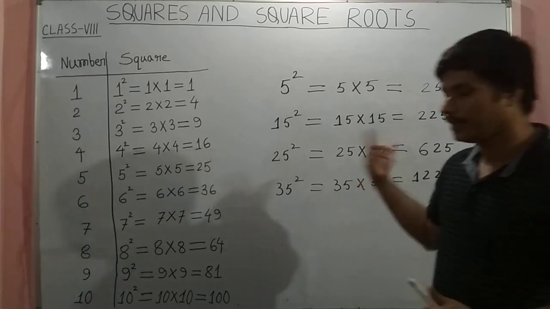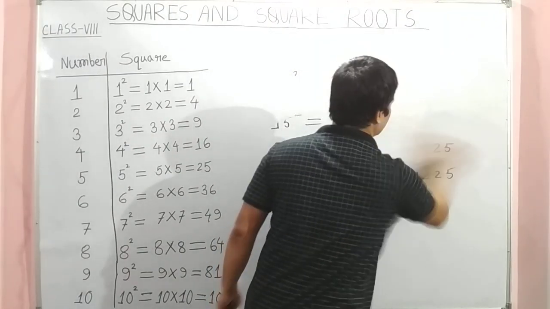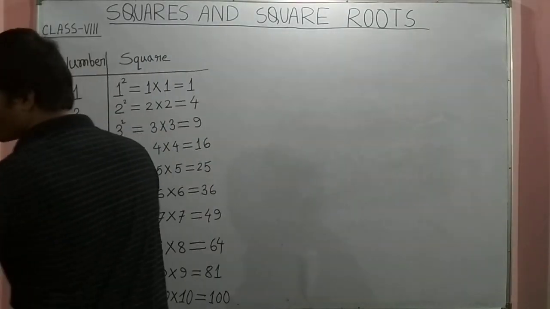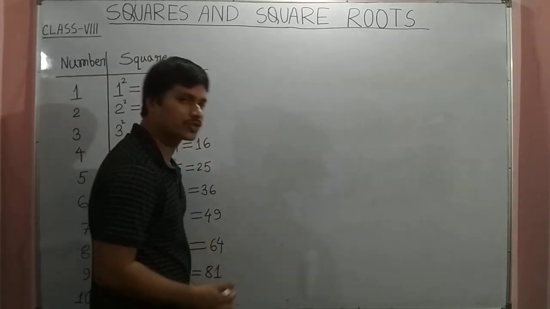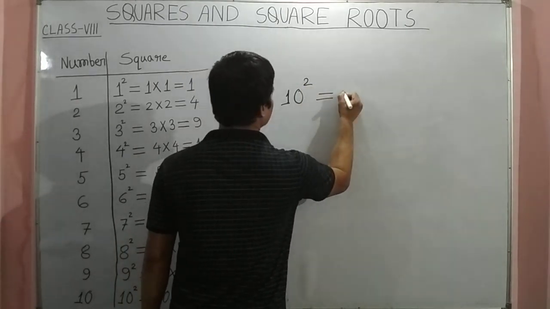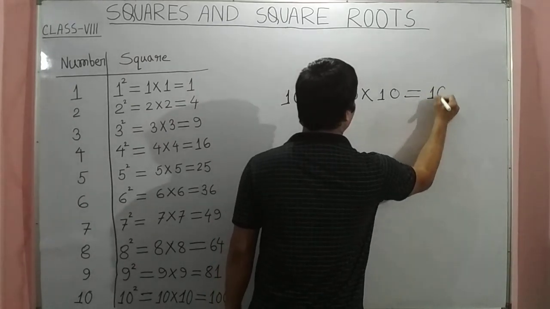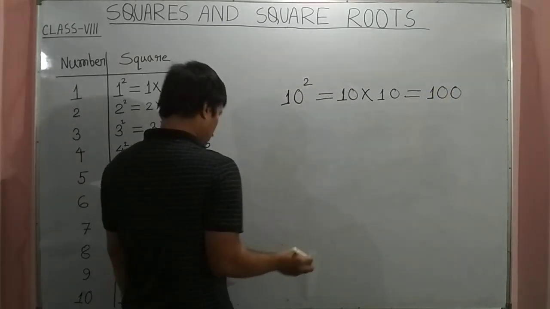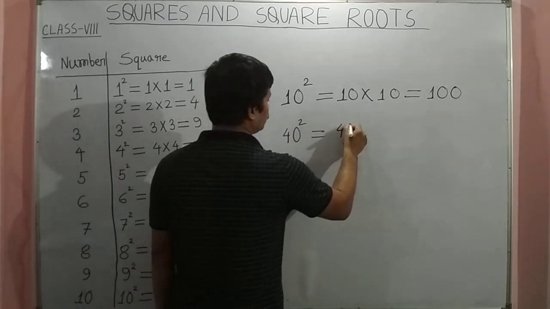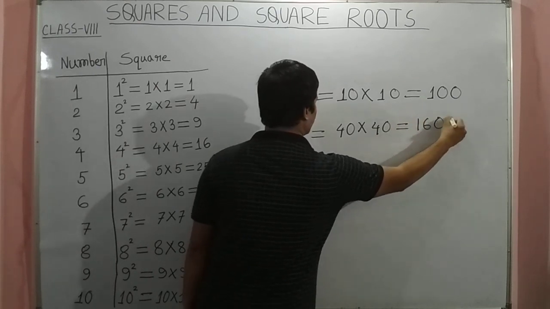Okay students, now we will discuss if a number ends with 0. If a number ends with 0, what will happen? Let's see. We have 10. 10 square is 10 into 10, and this is 100. 40 square, 40 into 40, is 1600.